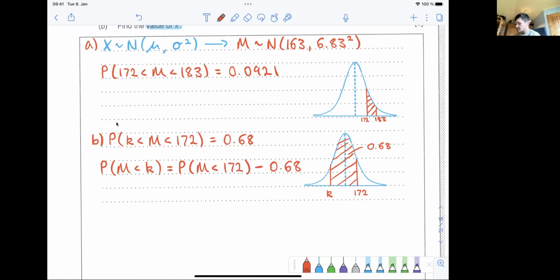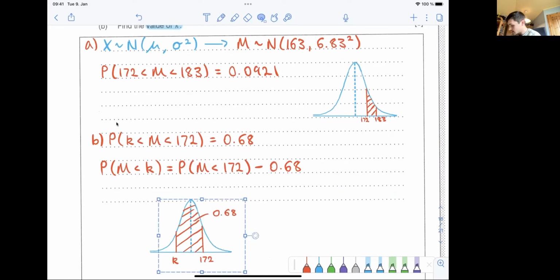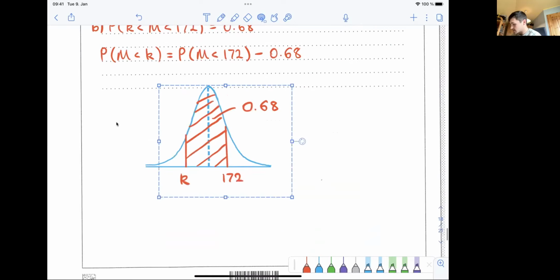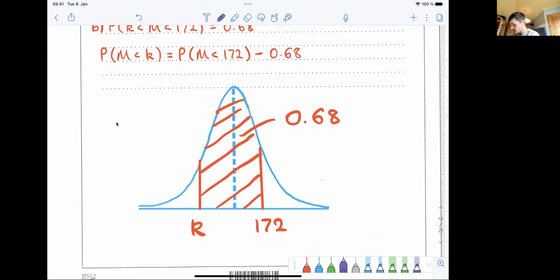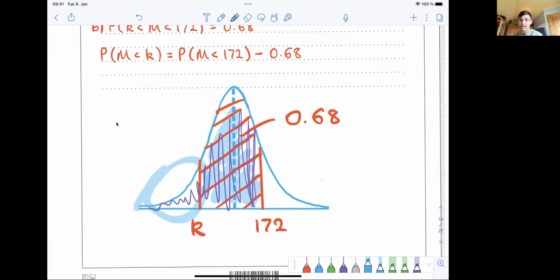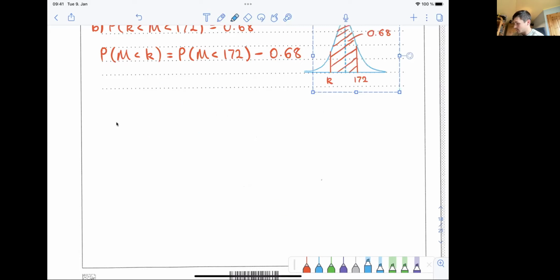To show that, we're going to find this area here, and then subtract our middle area, 0.68, and that will leave us with the probability that a randomly selected apple is less than K grams.